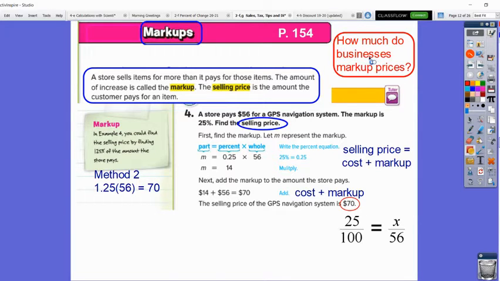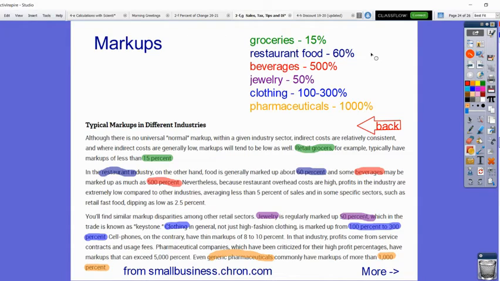Just to give you some thoughts, this is how much stores mark up in different businesses. A grocery store markup is typically around 15%. At a restaurant, the markup is about 60%, so what the restaurant pays for the food that they serve, they mark that price up 60%.